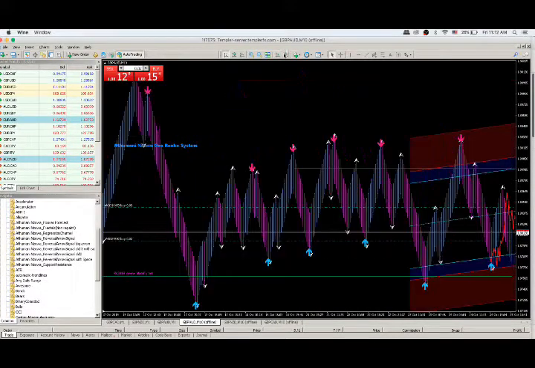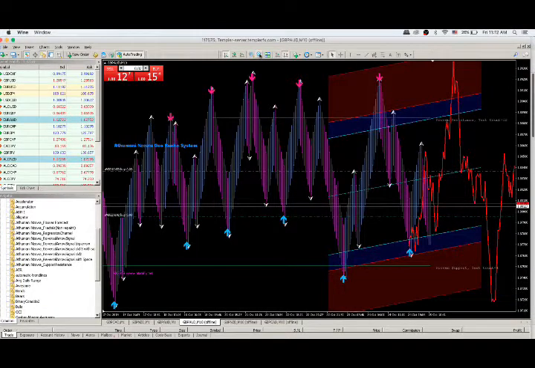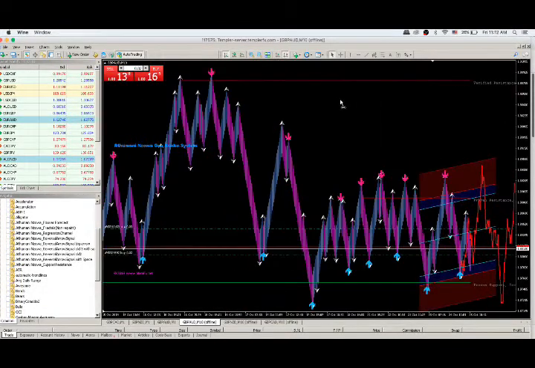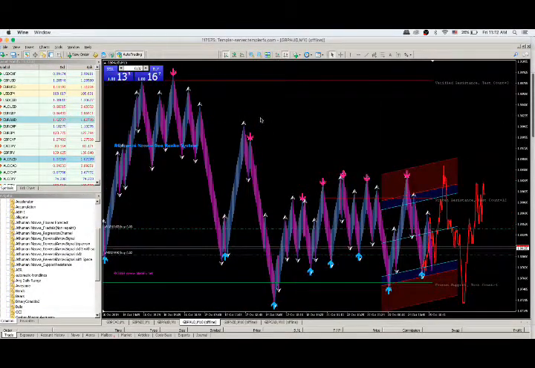So, just for a quick thing, I have reduced the period of the regression channel. As you can see, or as explained before, the regression channels are these two boundaries.